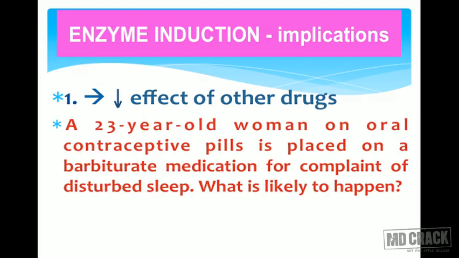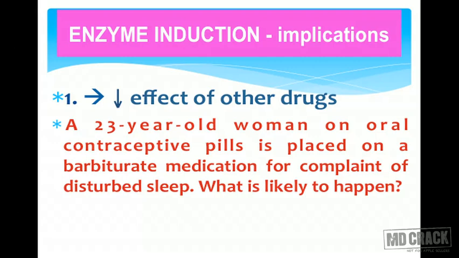Let's have an example. A 23-year-old woman on oral contraceptive pills is placed on a barbiturate medication for the complaint of disturbed sleep. What is likely to happen? She was receiving oral contraceptive pills and now she is added with barbiturate medication. If she continues this barbiturate medication for a long period of time, barbiturates are inducers and they are going to increase the metabolism of oral contraceptives.